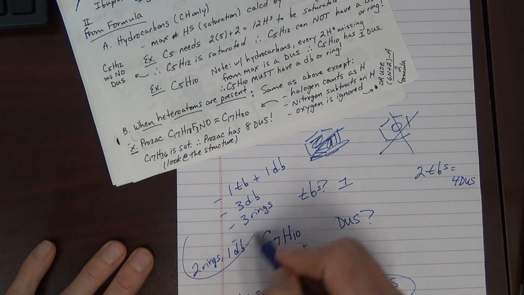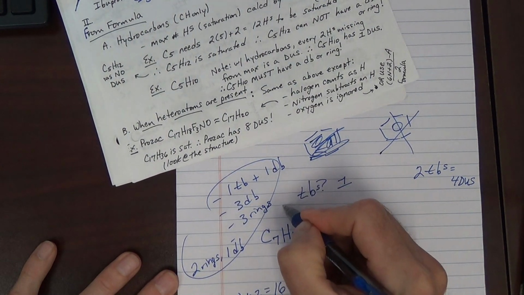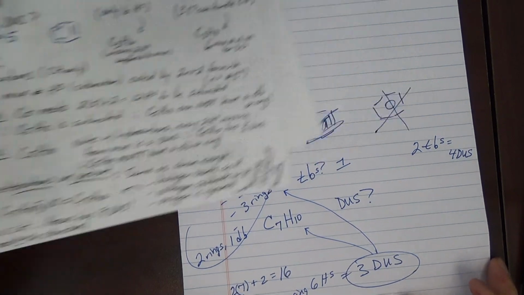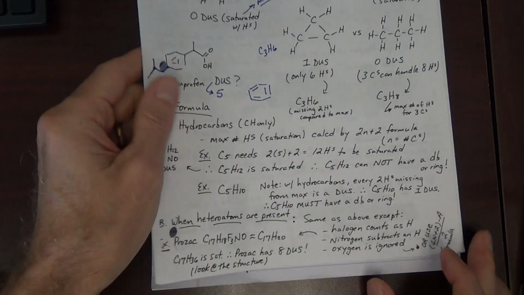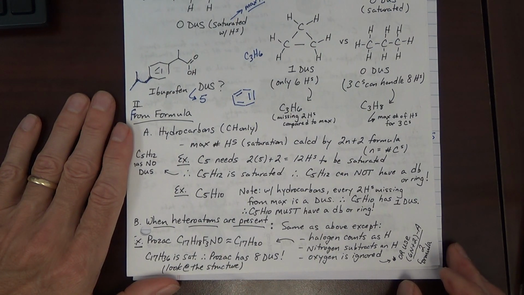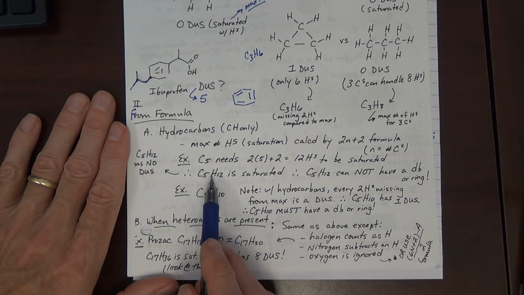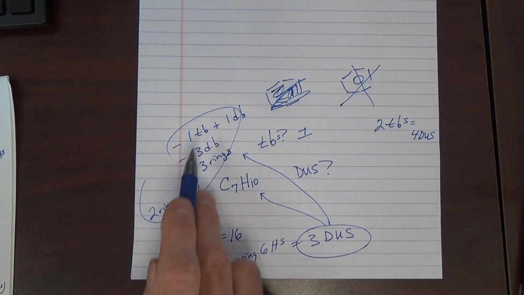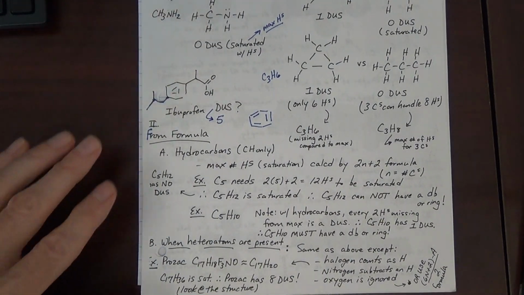Basically, any of these equals 3 DUS. All right? Very powerful. So if you're asked to draw a structure, knowing your options, again, very powerful, very useful.